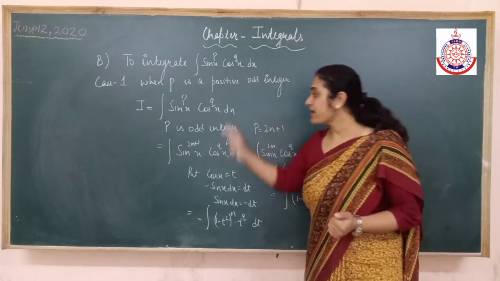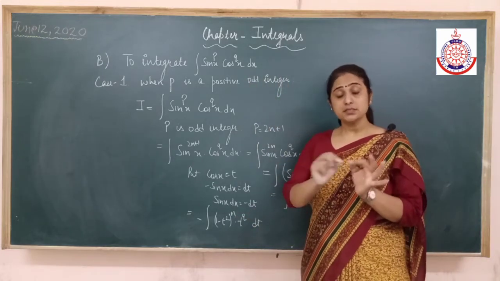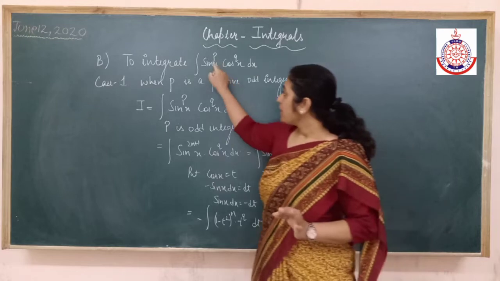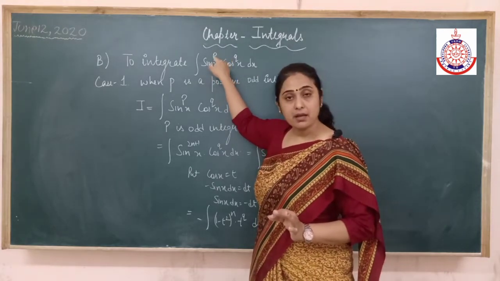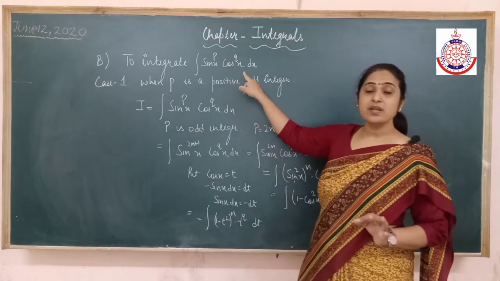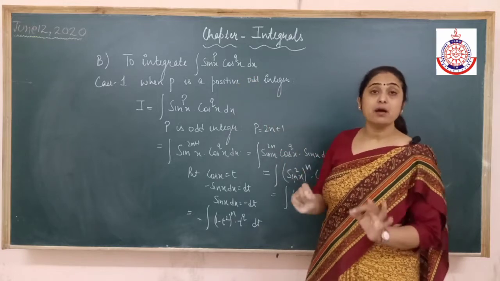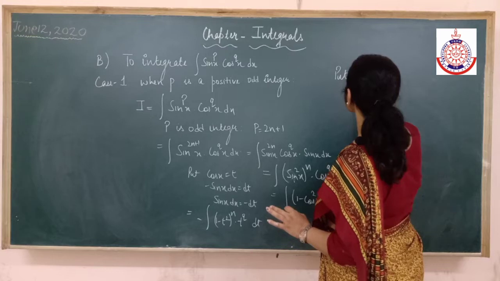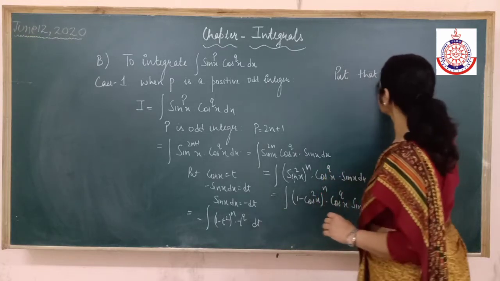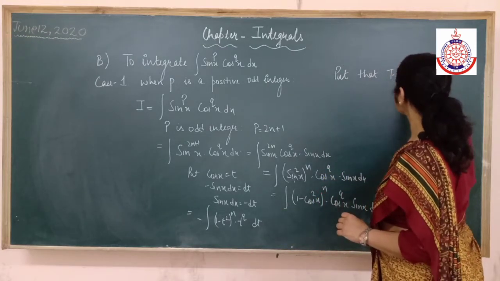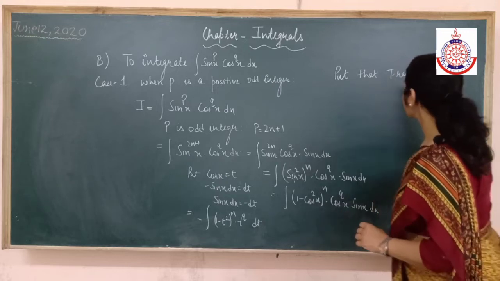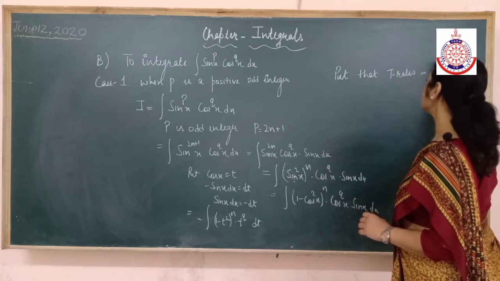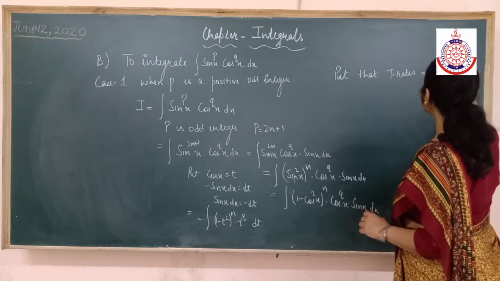Alright, so what you have to do in simple lines: if sine has an odd power, put that trigonometric ratio which has an even power equal to some other variable.